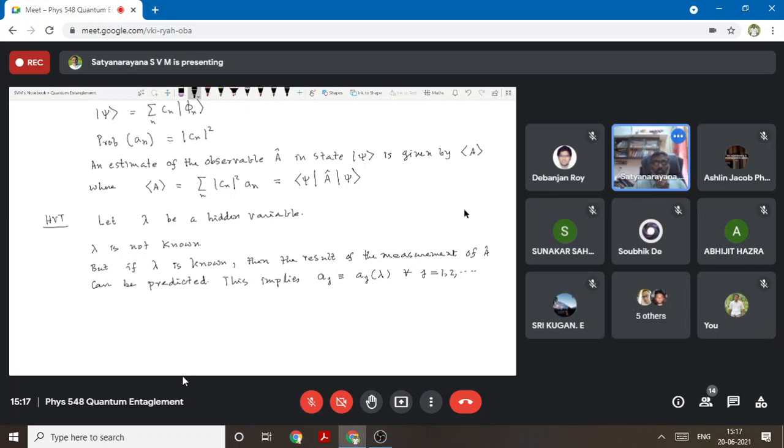So a_j of lambda are known functions of lambda.